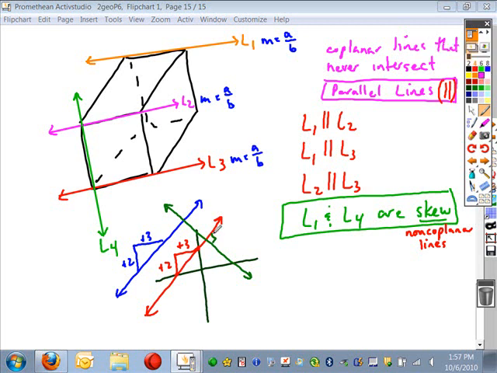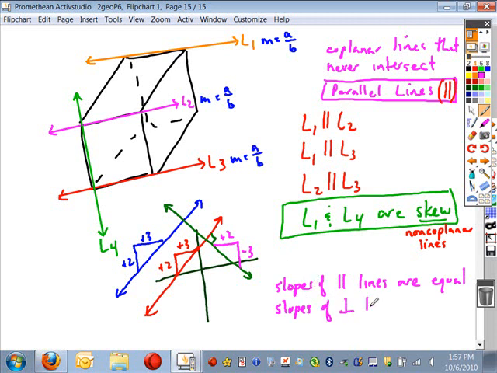Our rise of one becomes the run of the other, and the run of the one becomes the rise of the other, but in the opposite direction. Okay, so the slopes of parallel lines are equal, and the slopes of perpendicular lines are negative reciprocals.